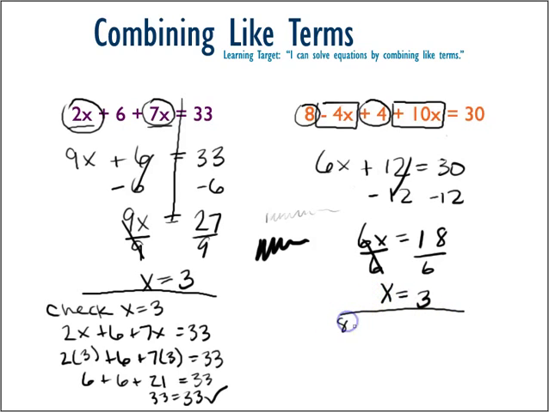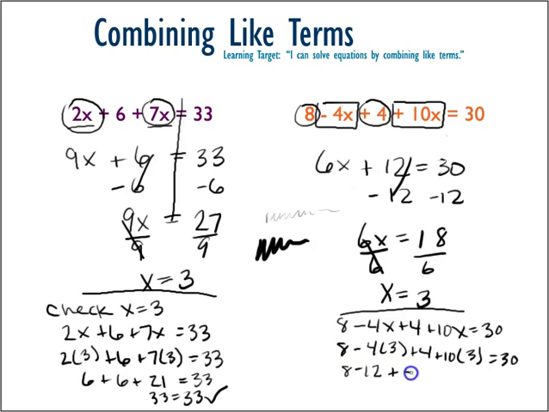So I'm going to do the check for this one. We have 8 minus 4x plus 4 plus 10x equals 30. Now I'm going to plug it in again. So 8 minus 4 times 3 plus 4 plus 10 times 3. Sometimes they're a bit of a pain. This is the order of operations, right? I've got to do multiplying first. So this is 8, and 4 times 3 is 12, so it's really minus 12.